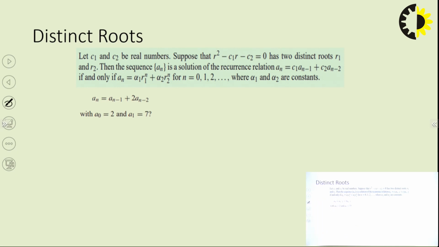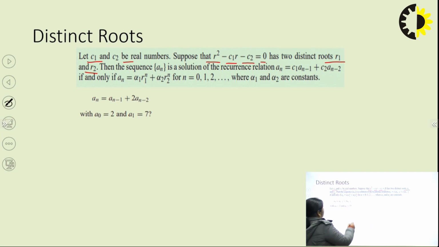So let us take the examples one by one along with the concept. First, the roots are distinct. Let C1 and C2 be real numbers. Suppose that r square minus C1 r minus C2 is 0. It means the characteristic equation, taken here as a quadratic equation, has two distinct roots r1 and r2.